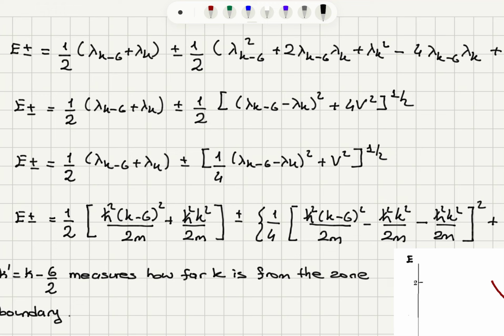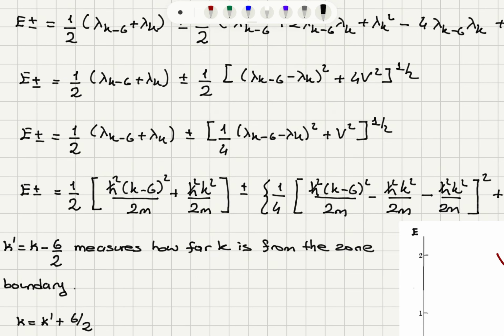And this can be written by taking the 1 over 2 into the square root as 1 over 4. So we get rid of the 4 in 4V², and we have only V² remaining.